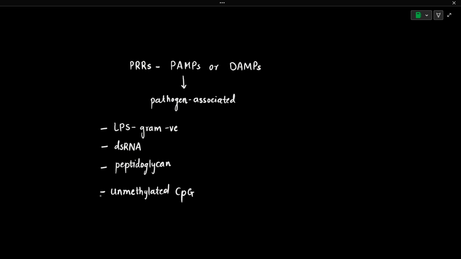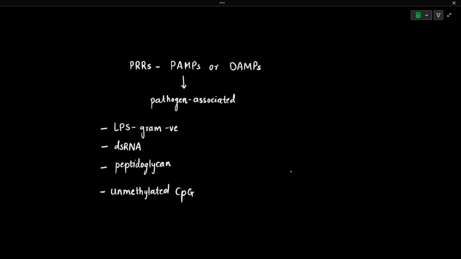All of these are features associated with different microbes, which will be recognized by pattern recognition receptors. These are not found in the host cells, so they will be recognized by pattern recognition receptors.